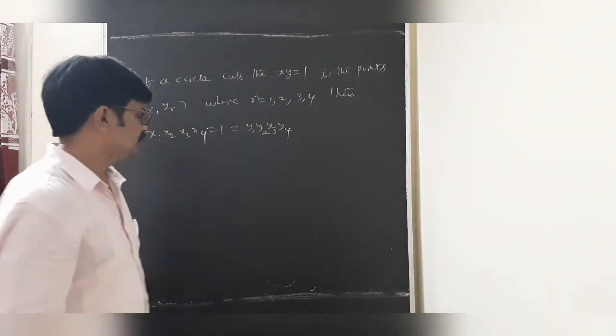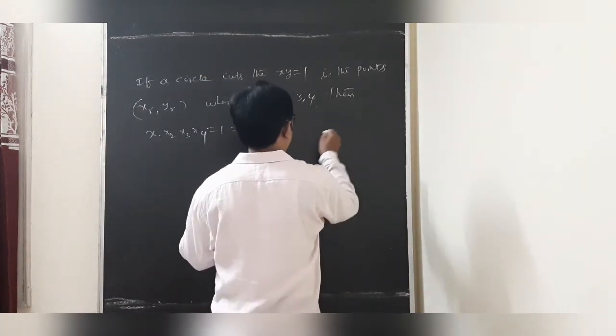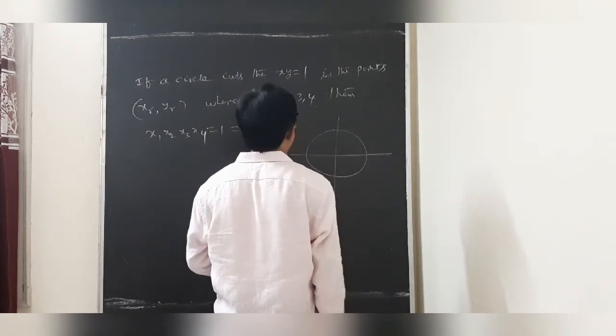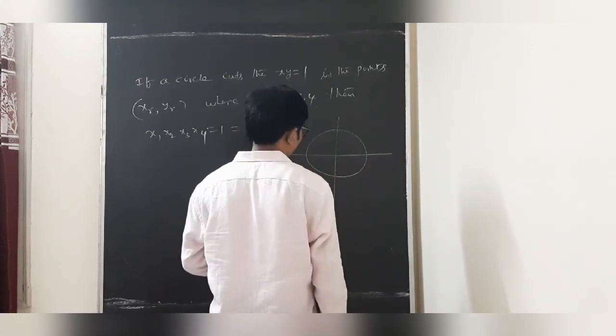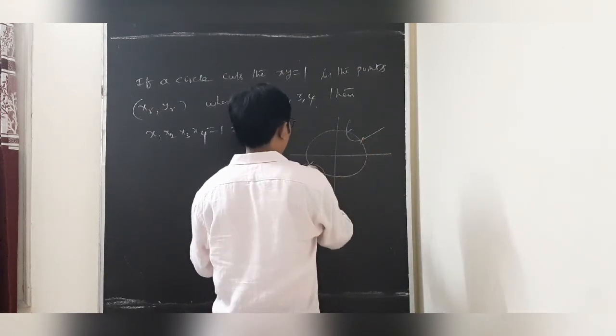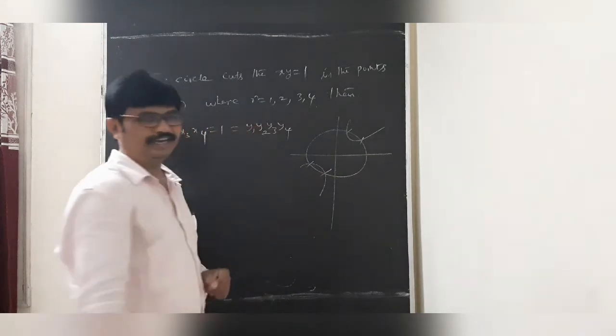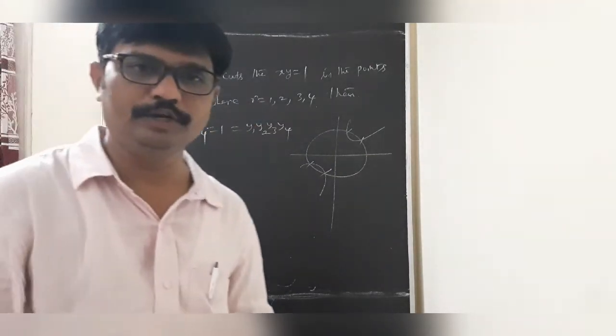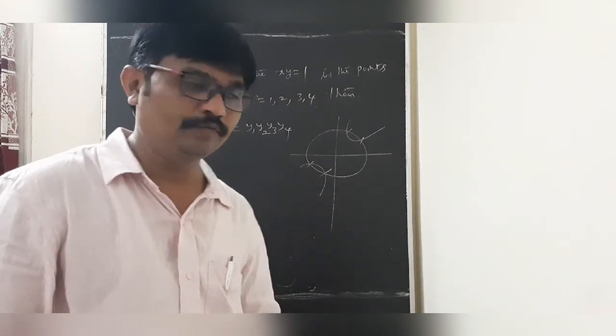So dear students, this is the circle. When we are taking xy equal to 1, these are intersecting at 4 points. Now we have to show that x1 x2 x3 x4 and y1 y2 y3 y4 are 1.